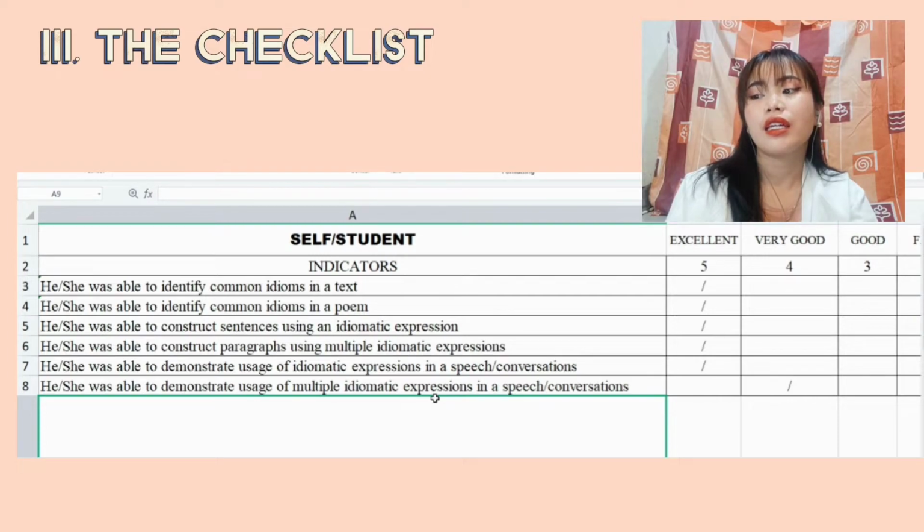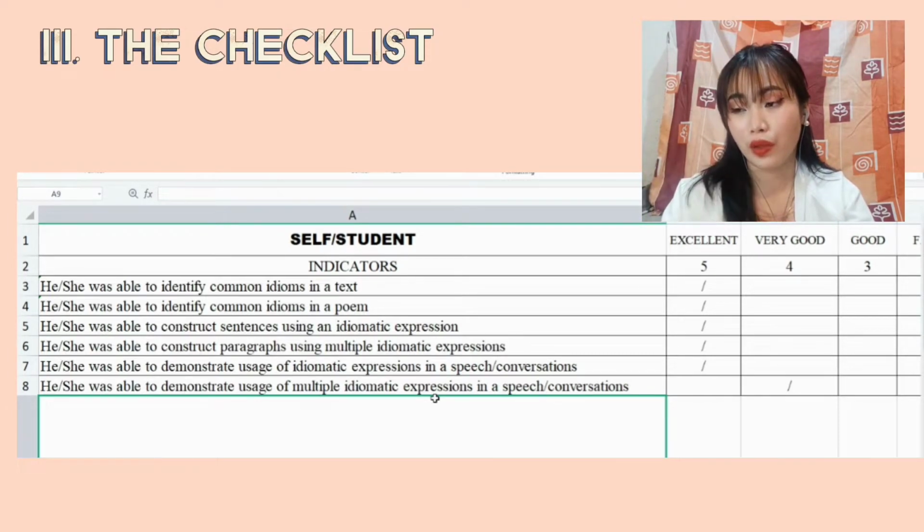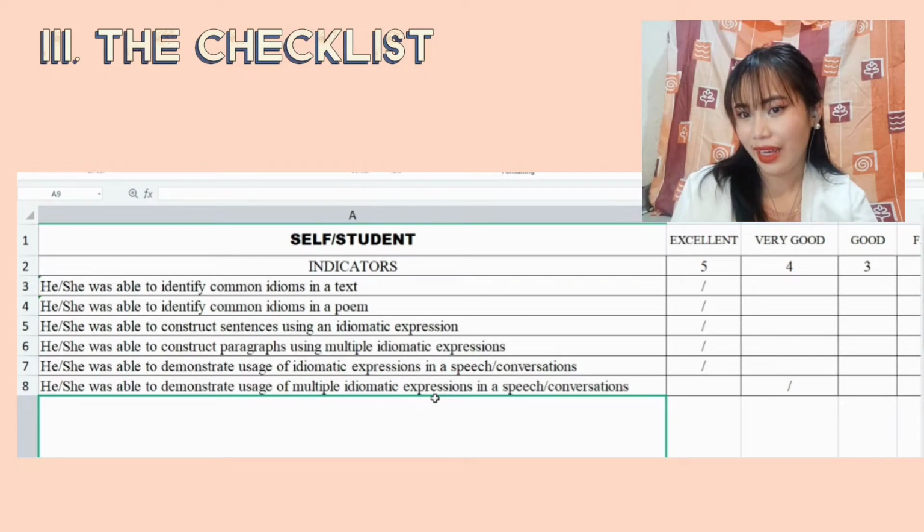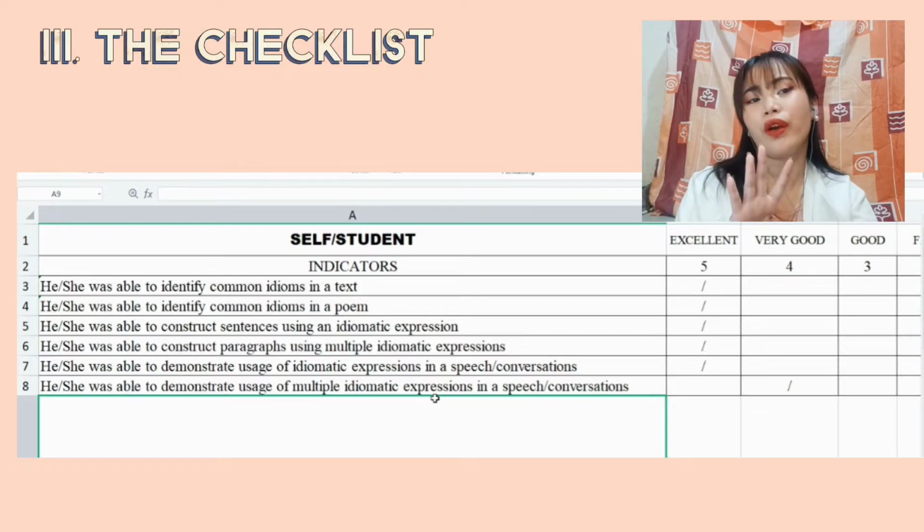But he rated himself very good at the last indicator because he thinks that he can do it, but not that excellently. So he rated himself 4. So for Chris's checklist, we have 5 ratings of 5 and 1 rating of 4.